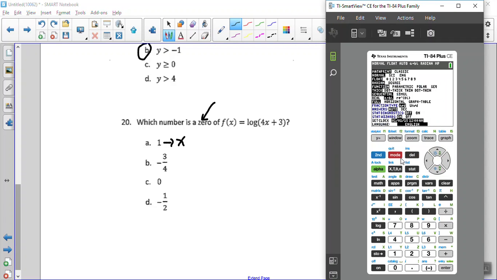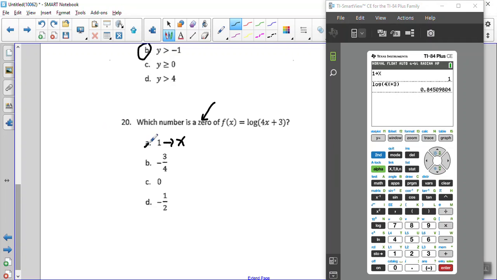So we're going to plug 1 in for x, store that for x, and then plug in your function. So you have log of 4x plus 3. We're gonna hit enter. Let's see if we get a 0. No, it should be exactly 0.